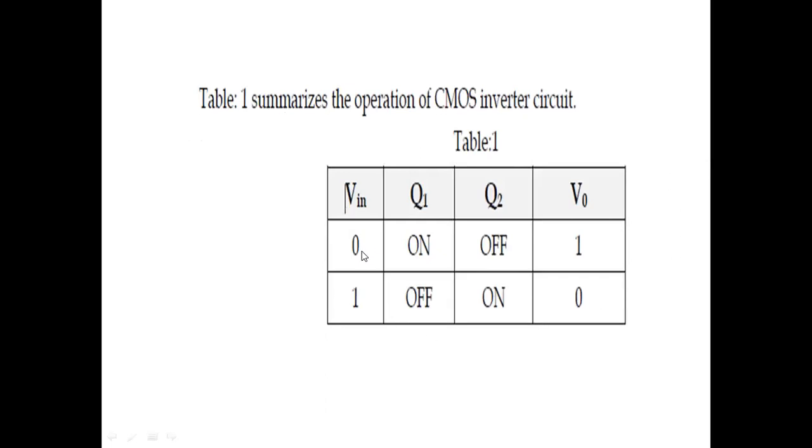When the input is low, Q1 is on, Q2 is off, and you will get output 1. When the input is high, that is 1, Q1 is off and Q2 is on, and you will get output low, that is nothing but 0. So 0 becomes 1, 1 becomes 0. In this way, these CMOS circuits are used in digital electronics.